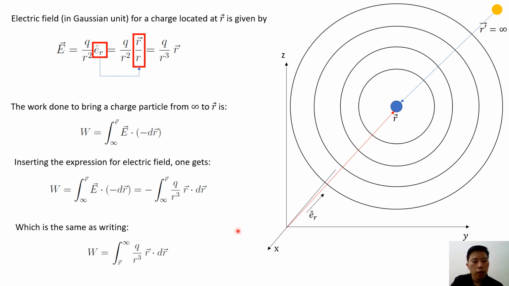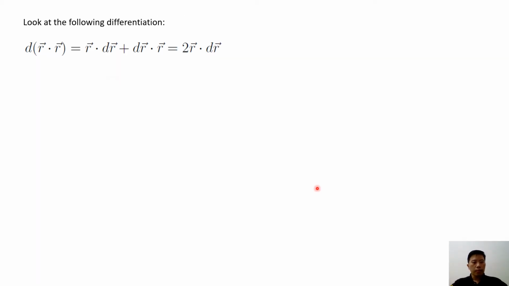But here what we need to know is how to evaluate this term, which is r dot dr, both of which are vectors. In order to look at how to do this, we will discuss it in the next slide. So in order to know how to evaluate that term, let's look at this differentiation, where you want to differentiate r, which is a vector, dot another vector r.